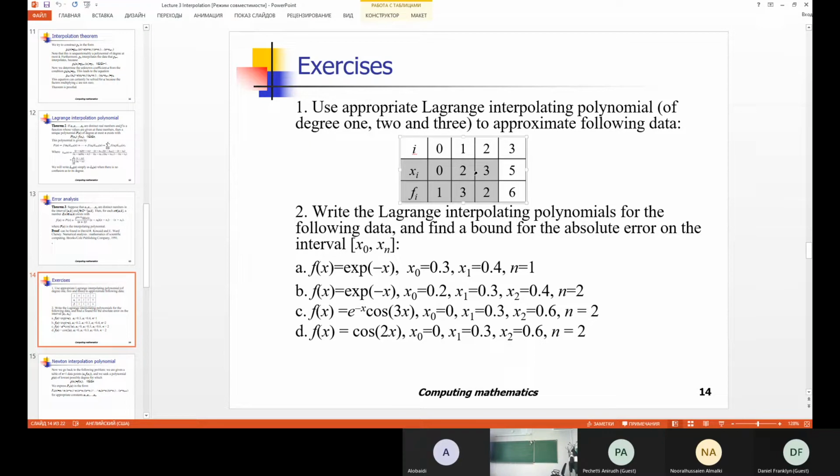What is F2? 3. So you should, yes, multiply these. Three. And the last 2.